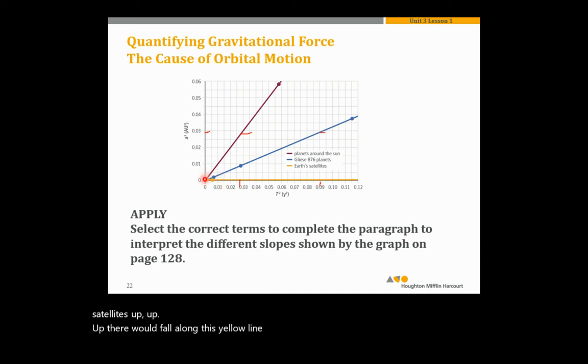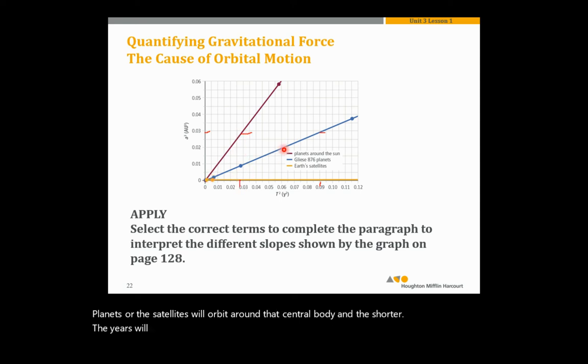So the mass of the central body determines the slope of the line, because the more massive the central body is, the faster the planets or the satellites will orbit around that central body, and the shorter the years will be for those satellites.